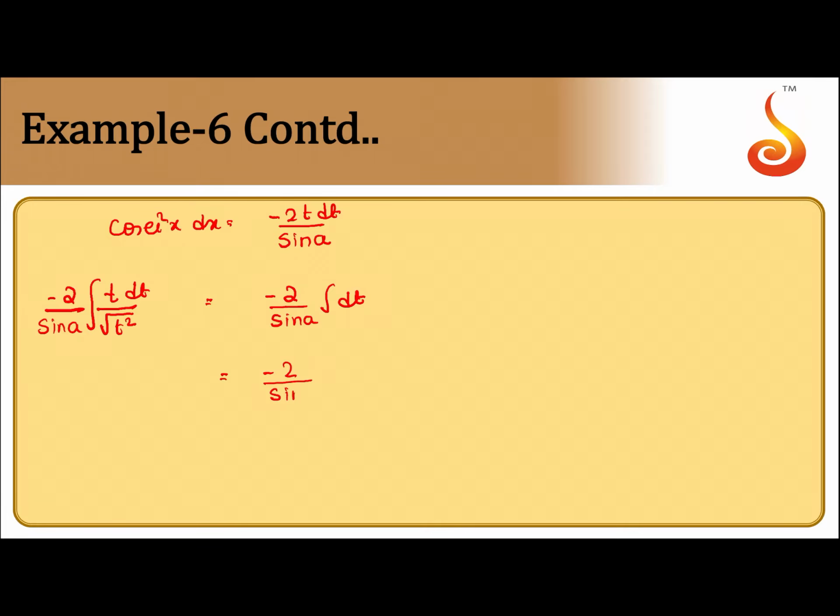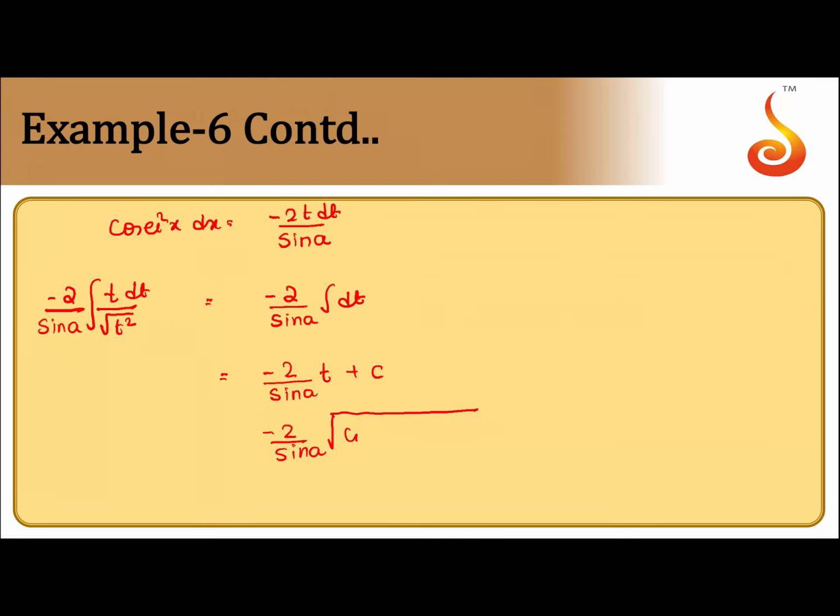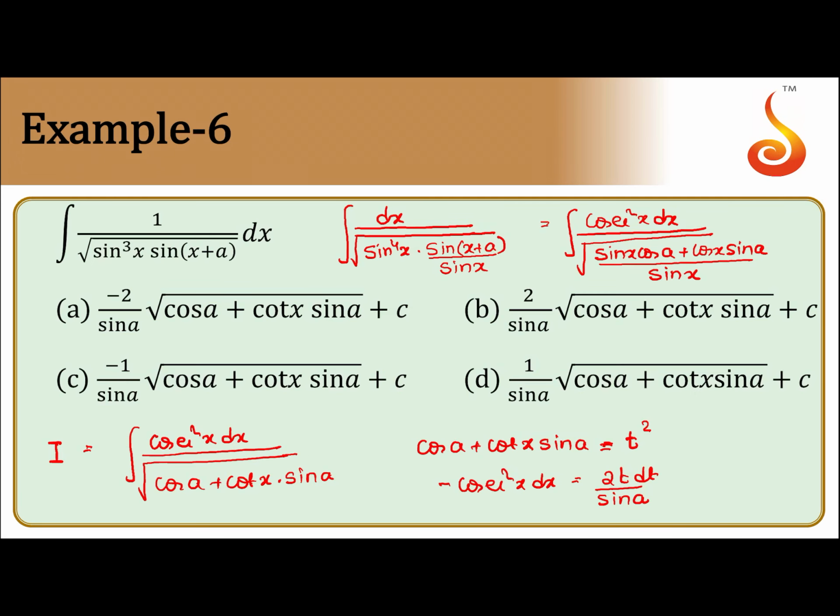So we get minus 2 by sine a into t plus c. But what is t? t is nothing but cos a plus cot x into sine a, plus c.